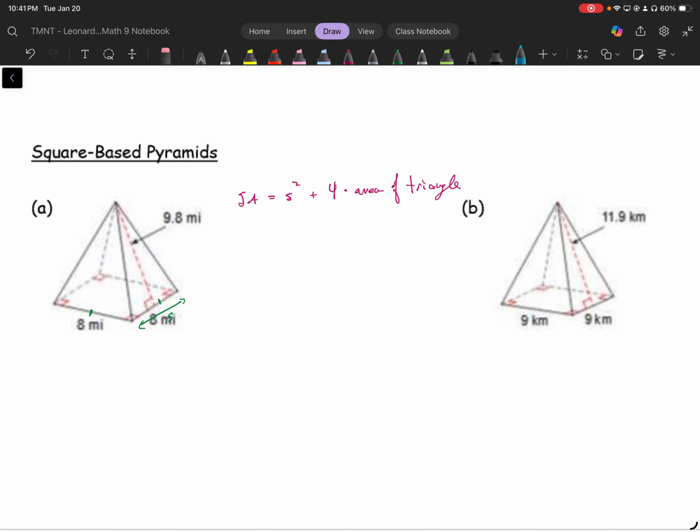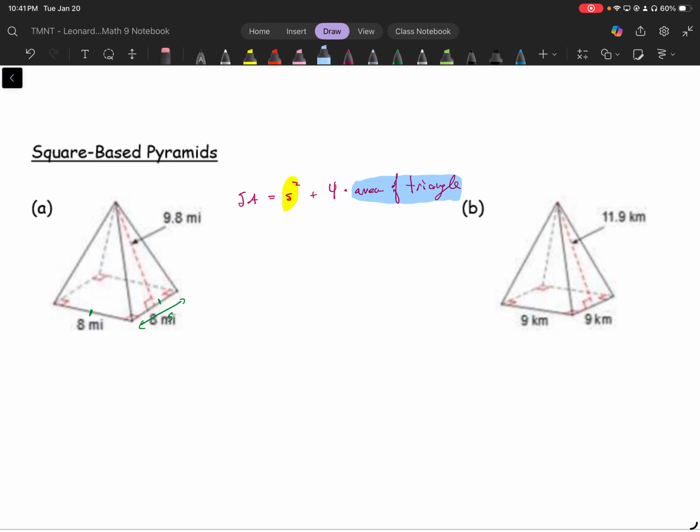This is a square base pyramid. So the surface area of a square base pyramid is going to be S squared plus 4 times the area of a triangle. Now this one seems a little bit more adaptable in terms of how we can think about this. It's very visual.